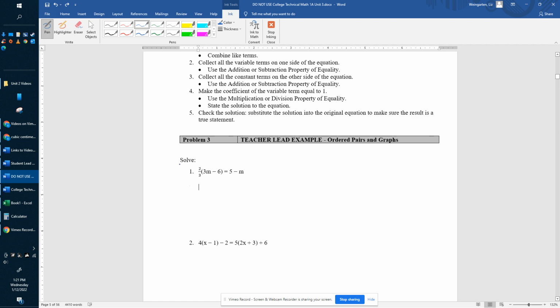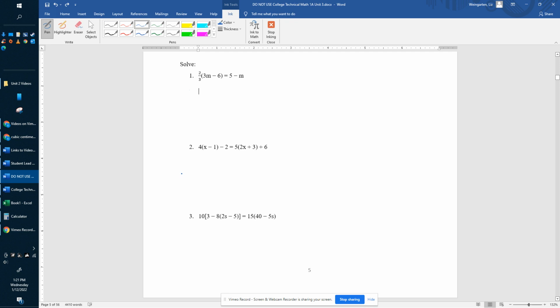So let's take a look at problem 1. The first thing that we're going to want to do is distribute this 2/3 across 3m minus 6. Make sure you're keeping close track of what your signs are because you want to continue those as much as you can.